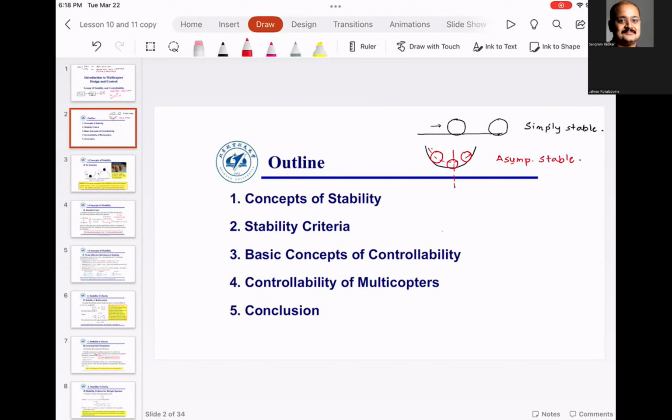And the last but not least is unstable. So basically this is unstable. And in Robotics 1, I talked about eigenvalues. Remember eigenvalues I talked about in Robotics 1? Can someone tell me how eigenvalues are related to stability?